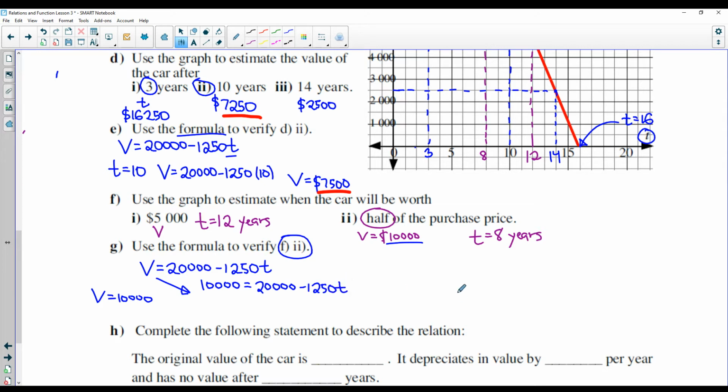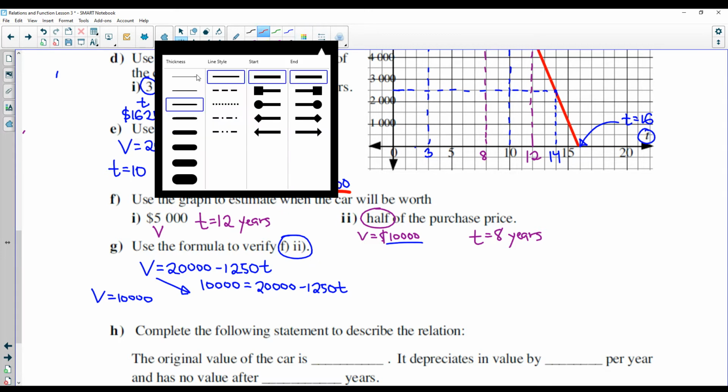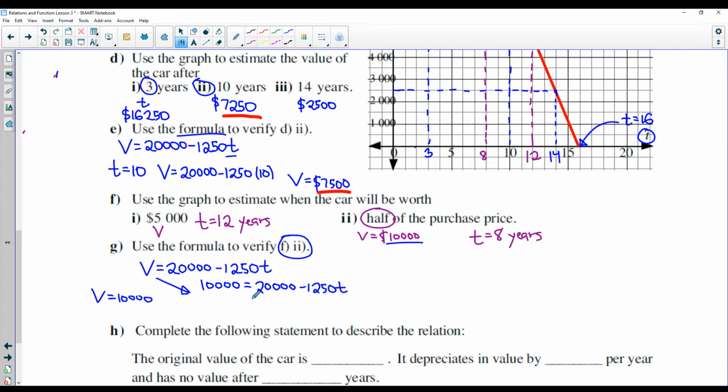Now, this is a bit tougher to find because I actually have to isolate for T now. So the way to isolate for T is to get rid of that 20,000 first. So I'm going to subtract 20,000 from both sides.